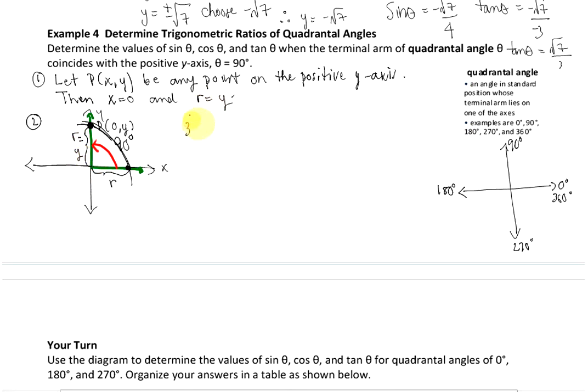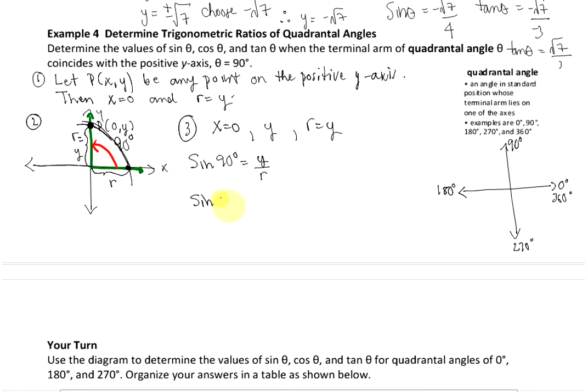Alright, so the third thing that we want to do then is to determine what our trig ratios are. We know that x is equal to 0, y is just y, and we know that r is equal to y. So let's take a look. We want sine of 90 degrees, and our little formulas from earlier tell us that sine of 90 degrees will be y over r.